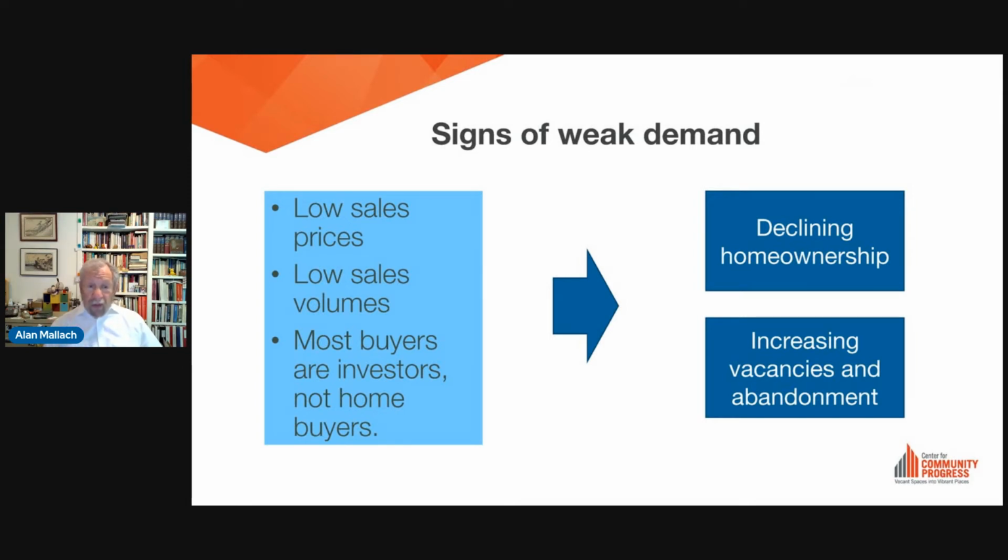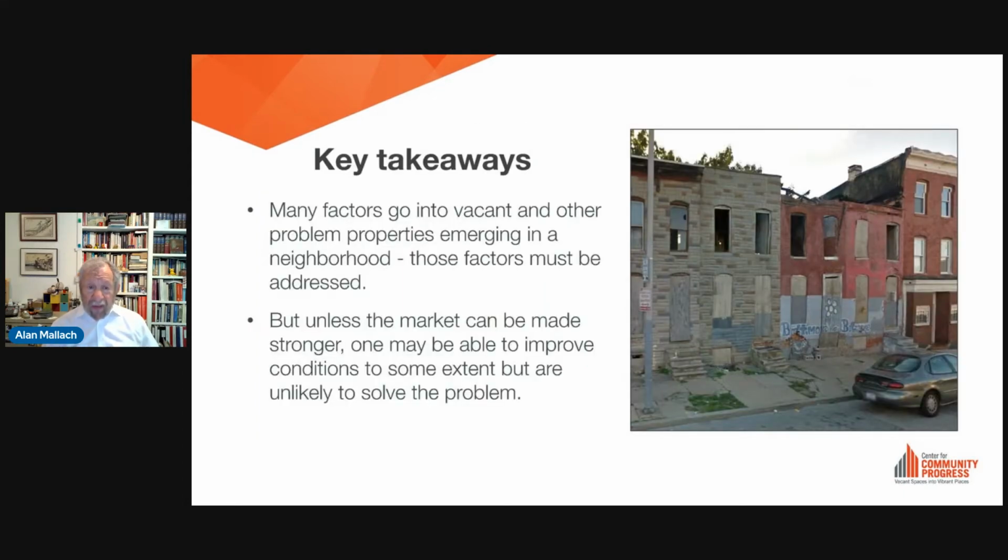You'll see low sales volumes in neighborhoods of weak demand, as fewer houses are being bought, and more of the buyers are investors rather than home buyers. And you'll see declining home ownership and increasing vacancy. Next slide.